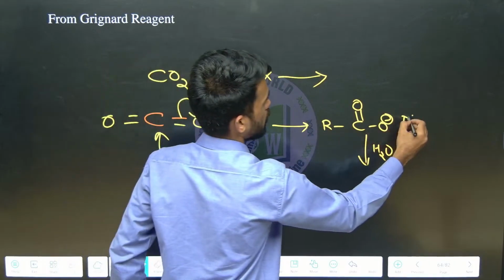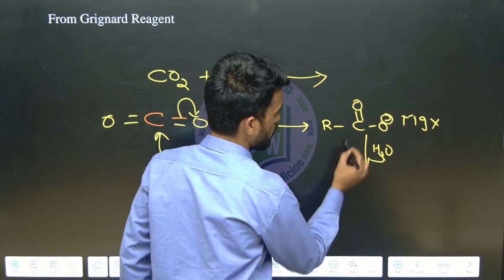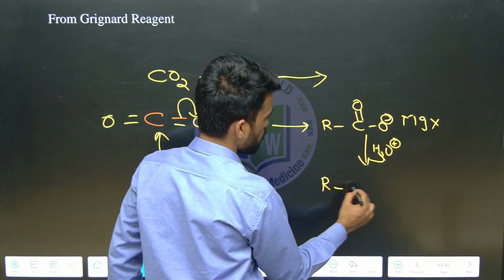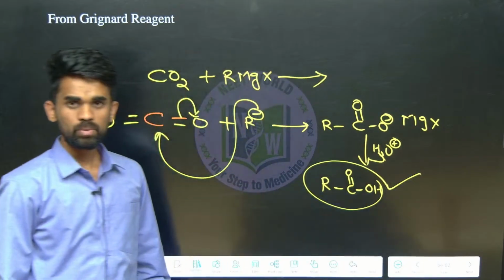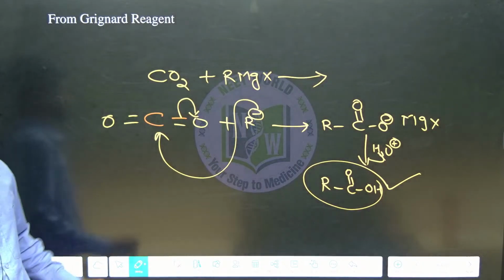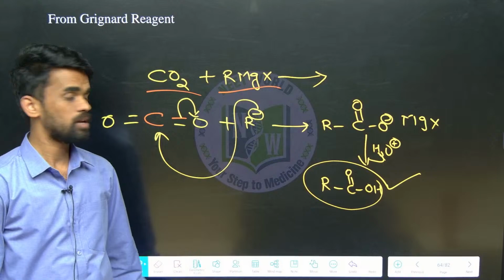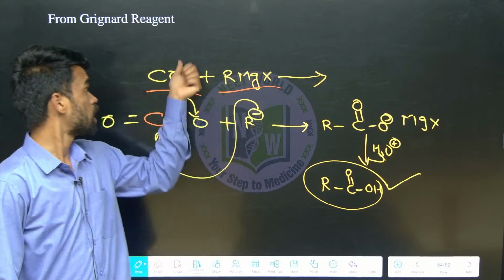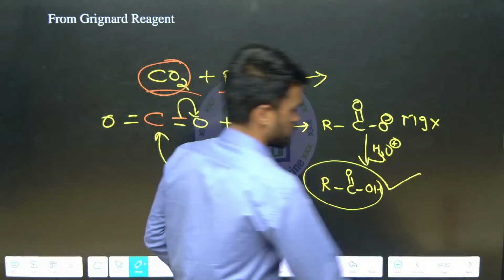Here it will be like a complex salt. Upon workup, adding acidic hydrolysis gives you the carboxylic acid. Okay, this is the final product. So carbon dioxide with Grignard reagent gives you carboxylic acid, remember.